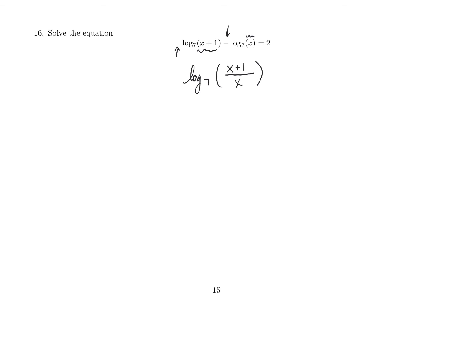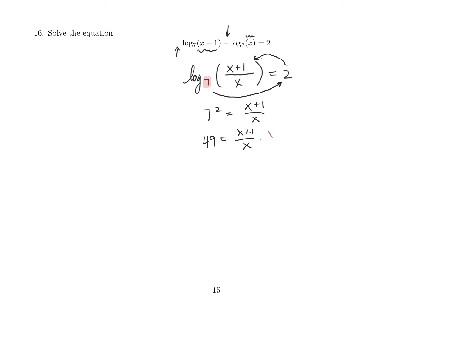Okay, so we have log base 7 of x plus 1 over x equals 2. Now we have 1 log in our equation, so we're going to write this in exponential form and solve. So the base is 7, so it'll be 7 raised to the second power is equal to x plus 1 over x. So 7 squared is 49.